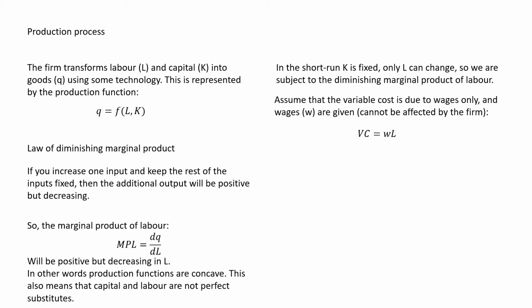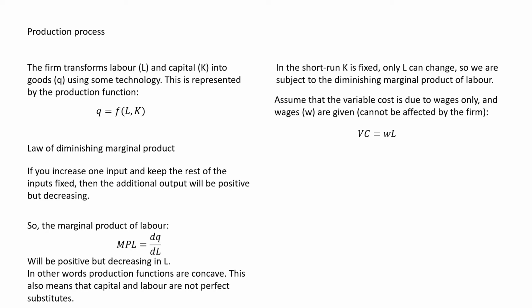We also assume that wages per laborer, W, are exogenously given to you. That is, you are just one of the many firms which would like to hire labor on the labor market. That means that you do not have enough market power to affect wages. Wages, therefore, are just fixed and given to you.